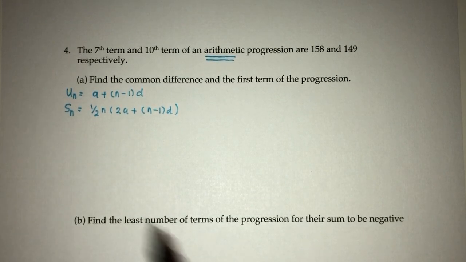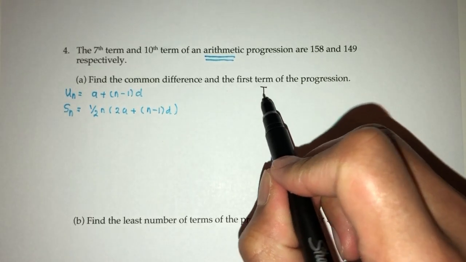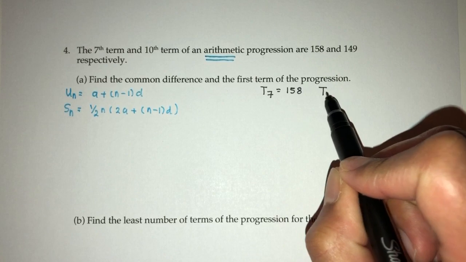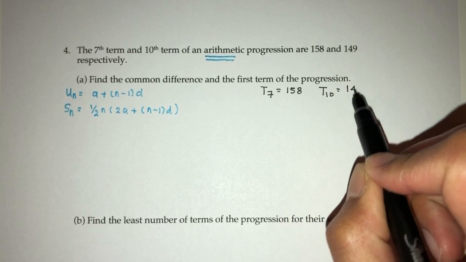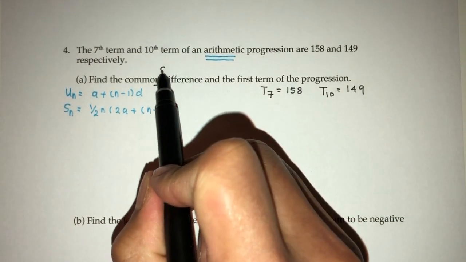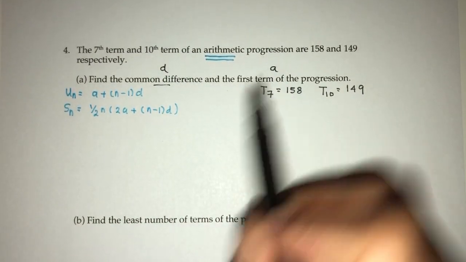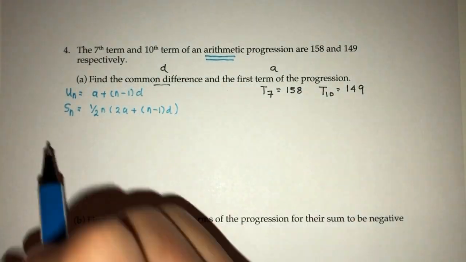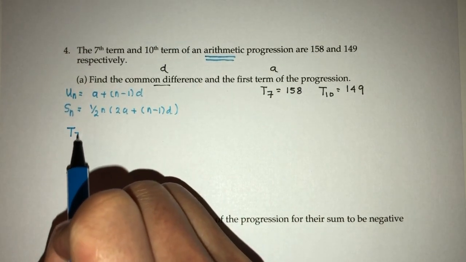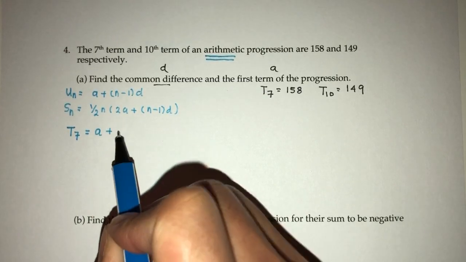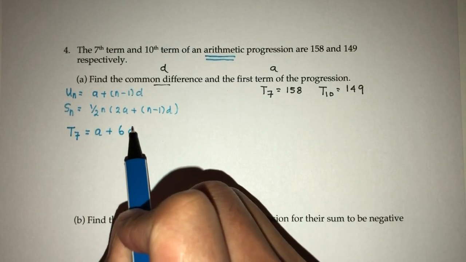Now, we know that the 7th term, t7, is equal to 158, and t10 is equal to 149. We have to find the common difference, the value of d, and the first term, which is a, of this progression. So here we have to use the term formula. Let's replace one by one. When we have t7, there will be a, n is 7, minus 1 is 6d.